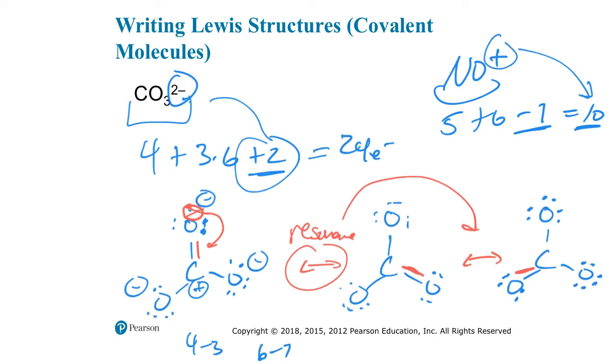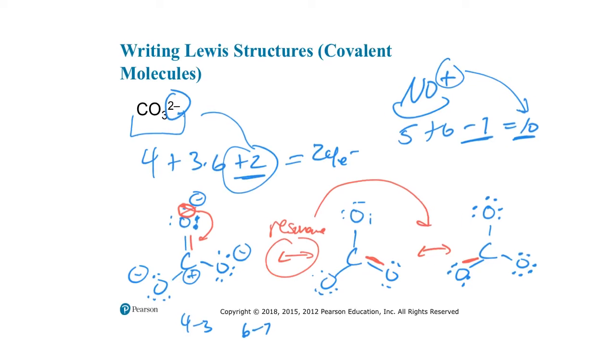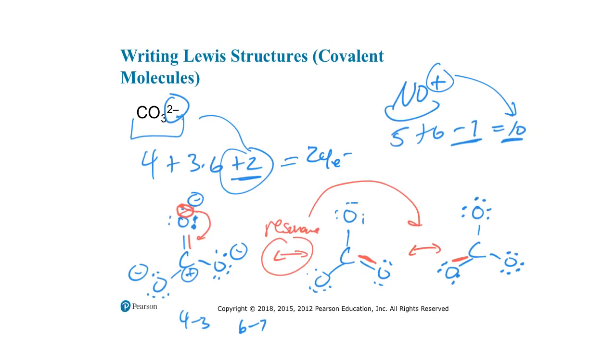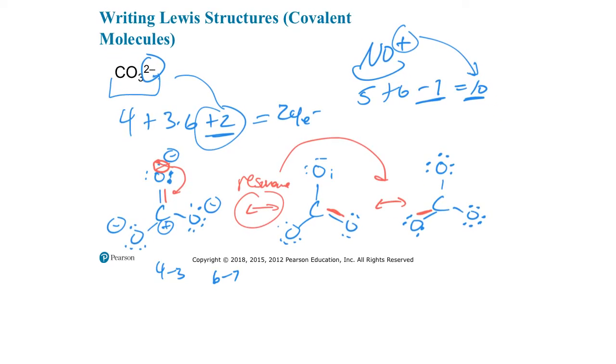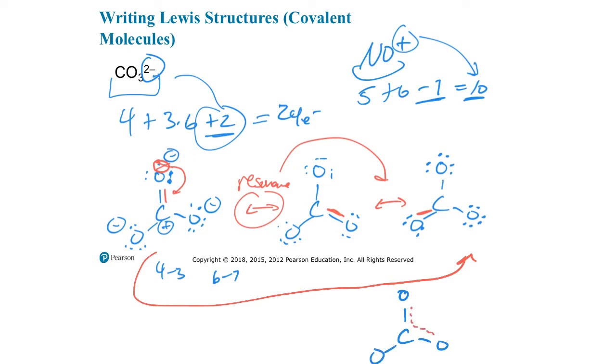So the real molecule is going to exist as the composite of these three structures. What would that look like? So what's the composite structure? Well, it'd be a central carbon, oxygens with an extra double bond.